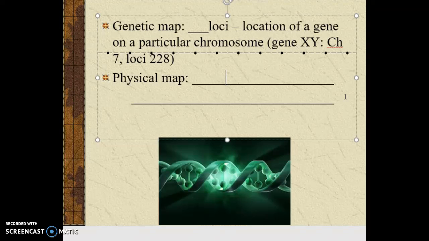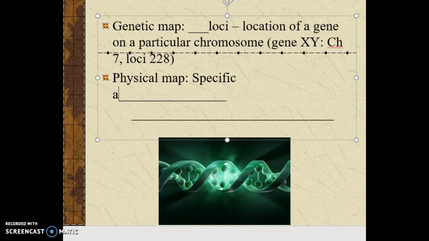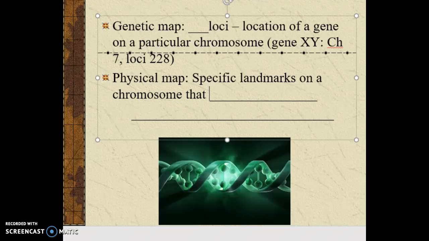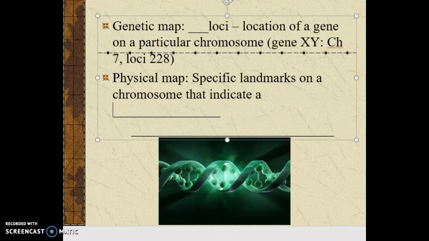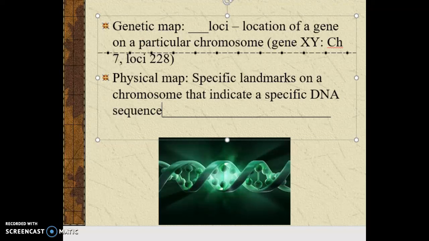Can we actually find specific landmarks and use that to identify the DNA sequence? So the specific landmarks on a chromosome that indicate a specific DNA sequence, this is what we're looking at when we start talking about the idea of a physical map.